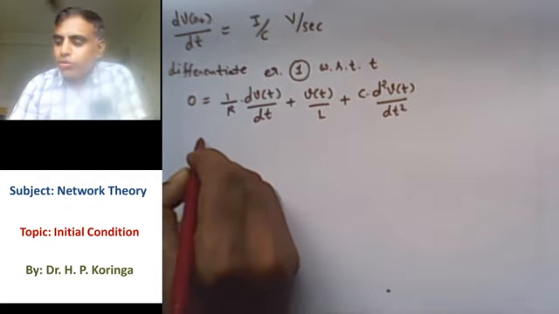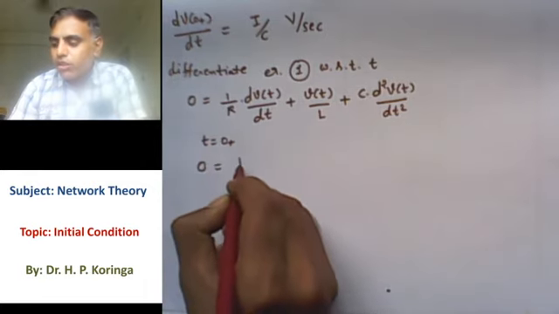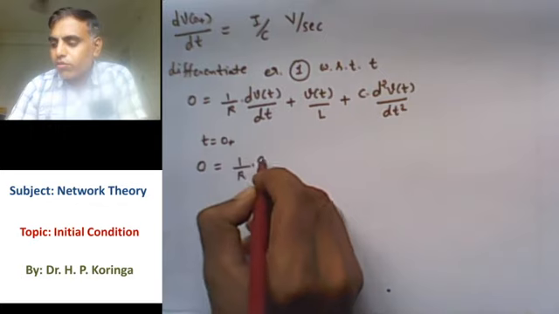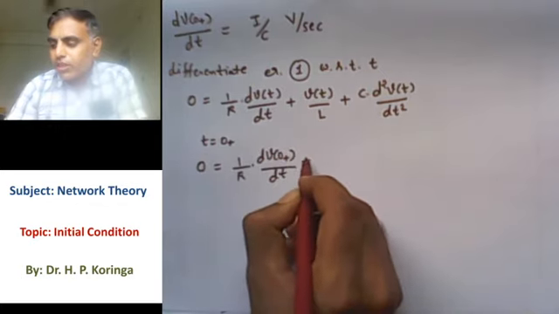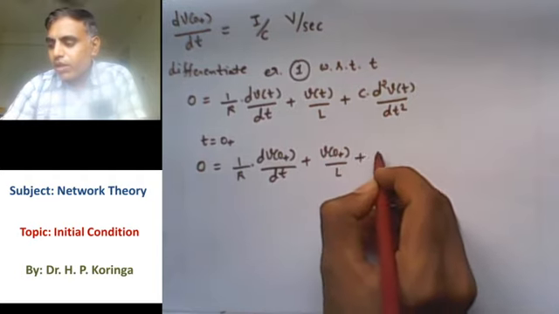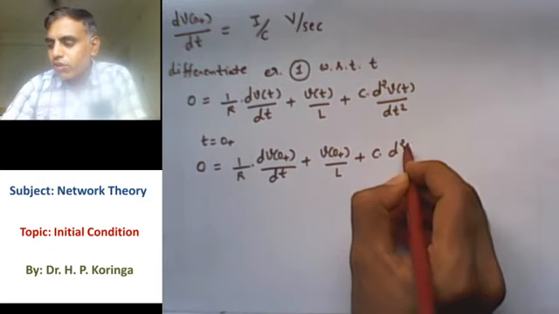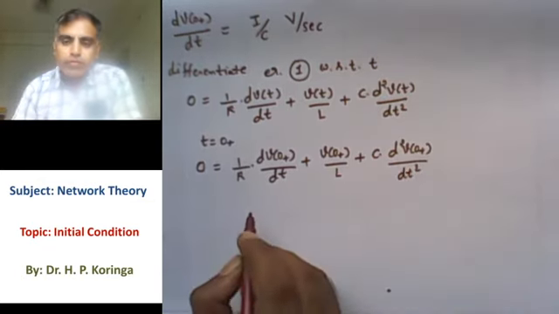Right? Now substitute t is equal to 0 plus. So 0 is equal to 1 upon R into dV0 plus divided by dt plus V0 plus divided by L plus C into d square V0 plus divided by dt square.